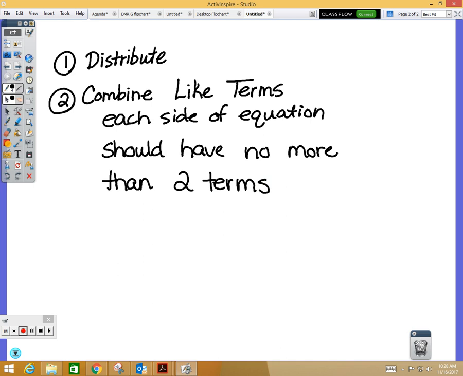You'll have a term that has your variable, and you'll have a term that has your constant. It's possible that you just have 1 term, but you don't want 3 terms, 4 terms, 5 terms, etc. If you have more than 2 terms, that means that there are things that you can combine.